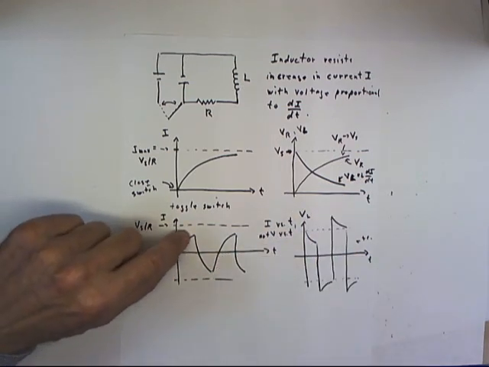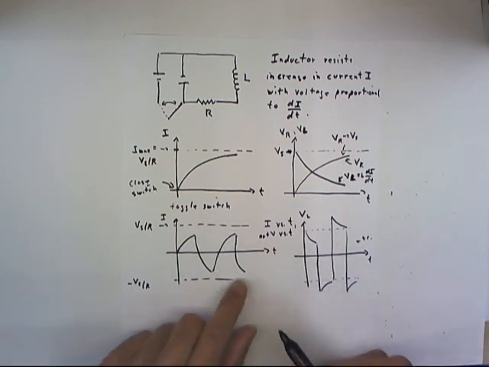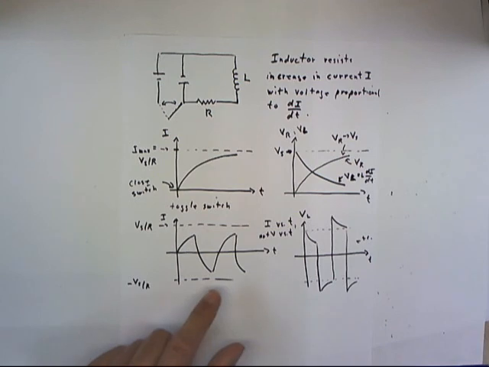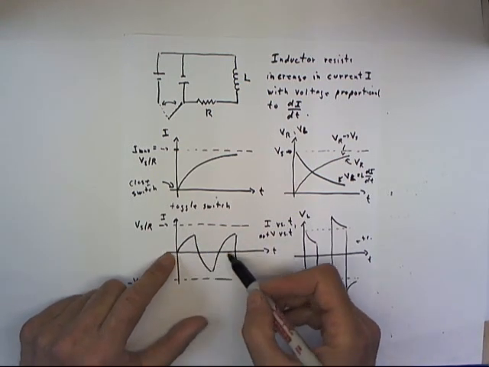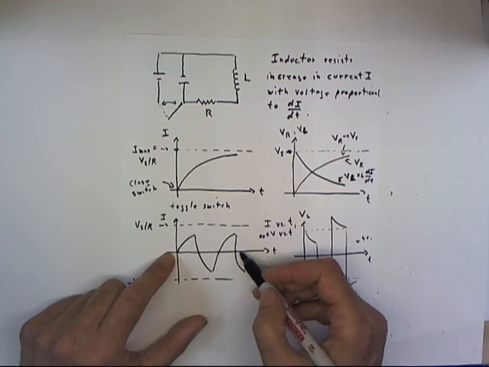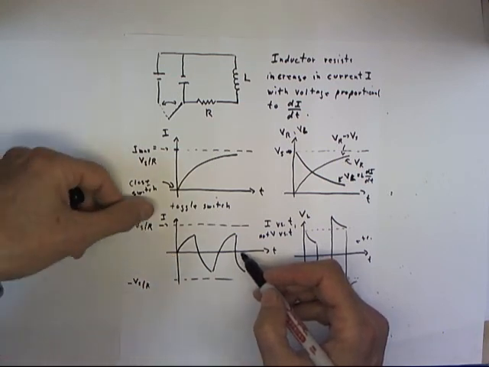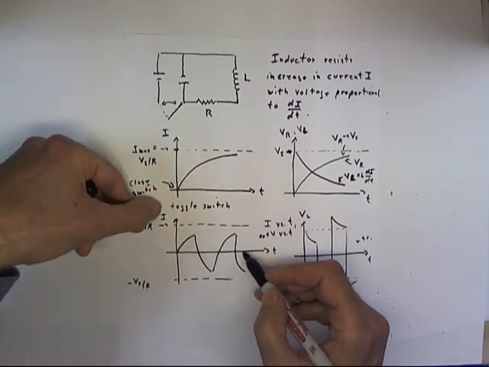If we toggle the switch, we're going to get a current versus time function whose graph looks something like this. This is very similar to a voltage versus time graph that we got for the capacitor, but keep in mind this is current now, not voltage. So this is the rate of change of voltage.